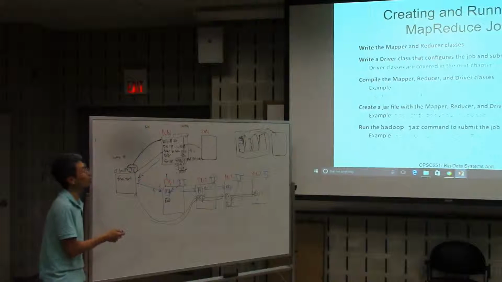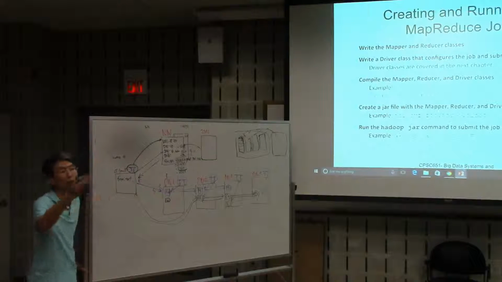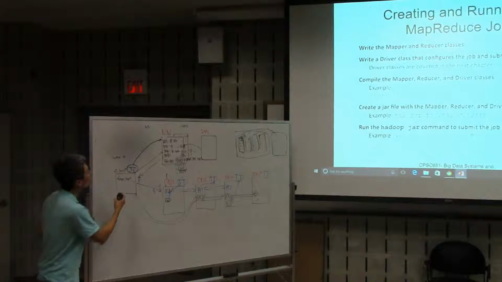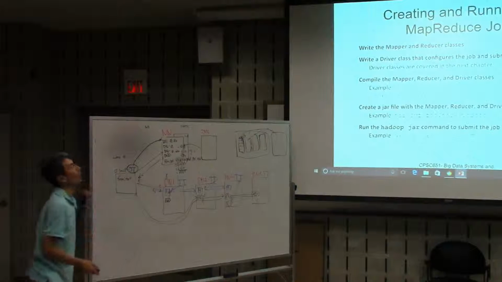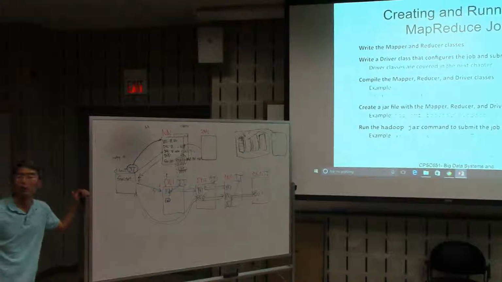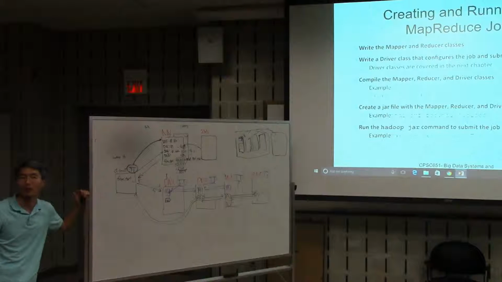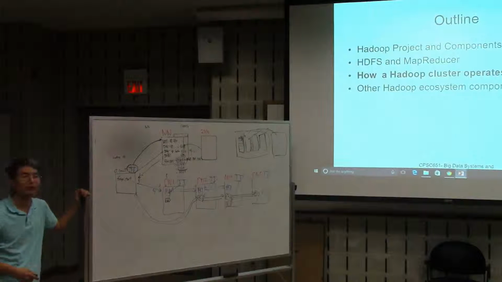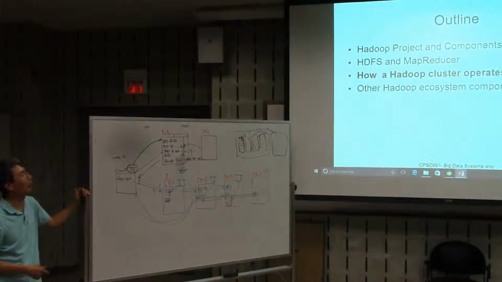Then using the Hadoop command that you are going to practice next week, you can submit the MapReduce program. If you are very familiar with Java, it's very easy. Otherwise, it's a good time to learn Java programming. It's definitely good for you.